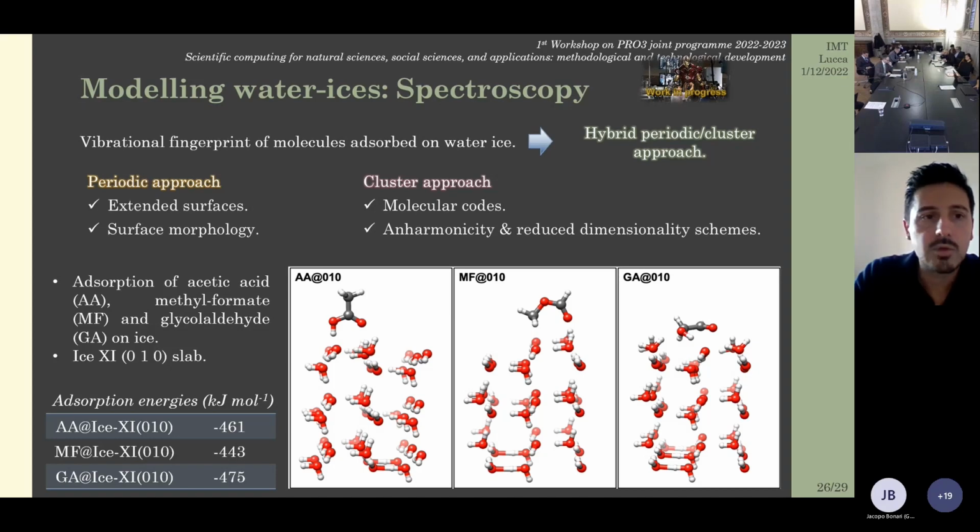And here what we aim to do is to set up a hybrid approach, in the sense of a periodic-cluster approach, in which results for, let's say, harmonic frequencies from an approach using periodic boundary conditions are mixed with anharmonic contributions evaluated in the framework of the cluster approach, and this allows one to use molecular codes and the implementation of anharmonic calculations.